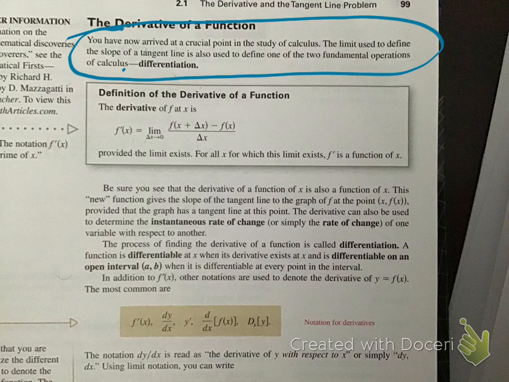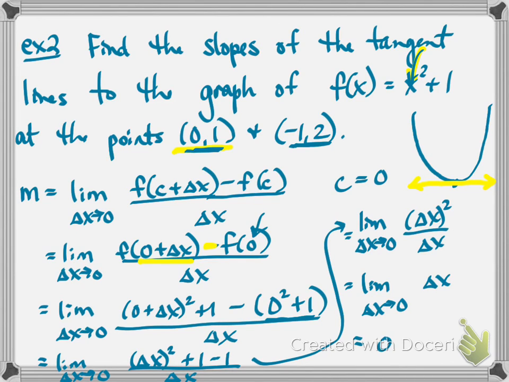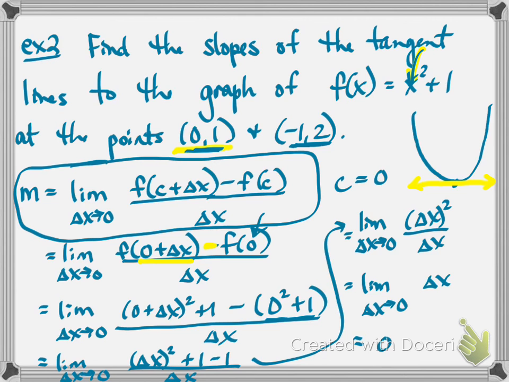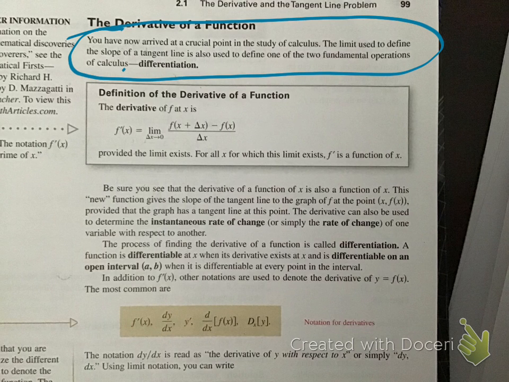So that same definition that we used right here on this page, this limit that helped us define the slope of the tangent line, is also the same limit that we can use to find the derivative of a function. And we don't really know what a derivative is yet, but we'll go step by step, right?